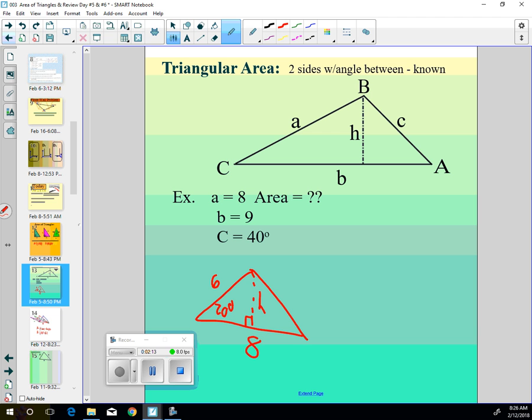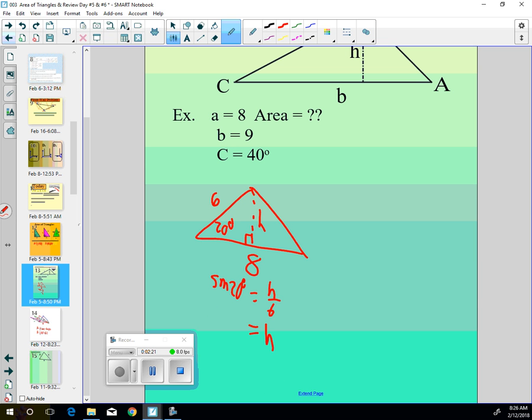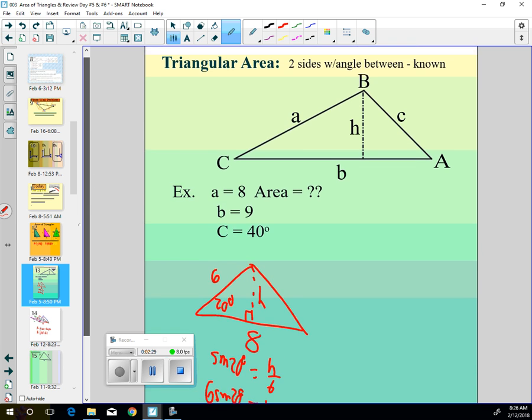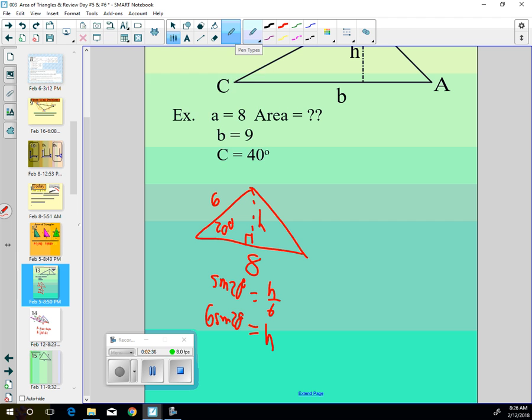And so if you did SOHCAHTOA, the sine of 20 is h over 6. So then h is going to be 6 times the sine of 20. And then you have the height, you have the base, voila. So looking at this non-right triangle here, let's say we knew, I'm going to highlight the things that we knew.